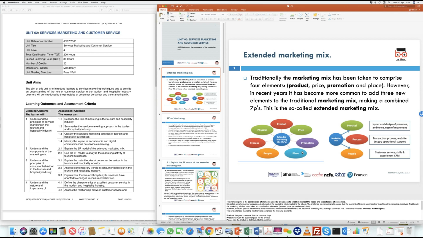When that product was produced to be sold to a number of consumers, the process through which it was sold, in terms of distribution, retailing, and lots of different channels, became important. And that is why the extended 3 other Ps came about.